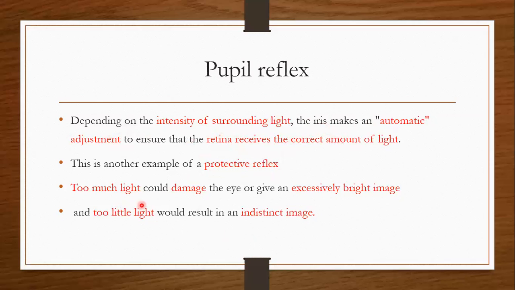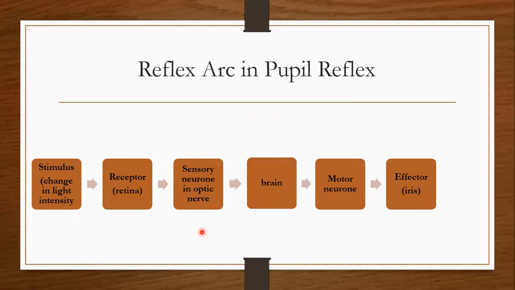Too much light can damage your eye, or it can give you an excessively bright image. And too little light would result in an indistinct image. So it is important that you receive the correct amount of light, and this is done by the pupil reflex. So the stimulus is a change in light intensity, when you are in bright light.